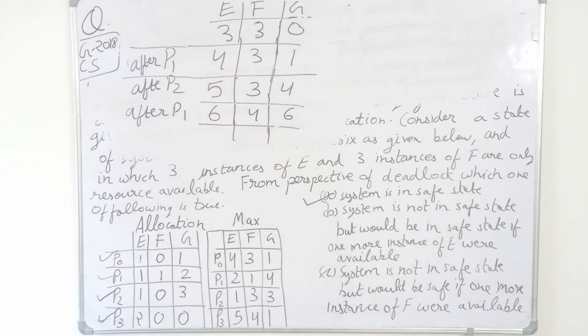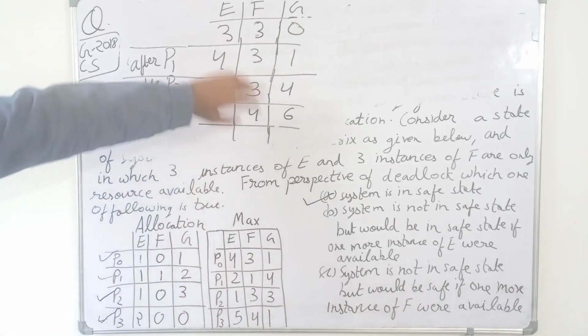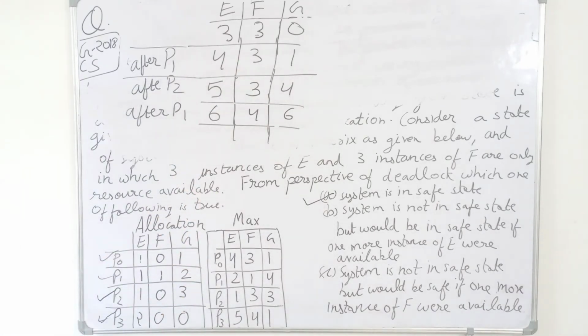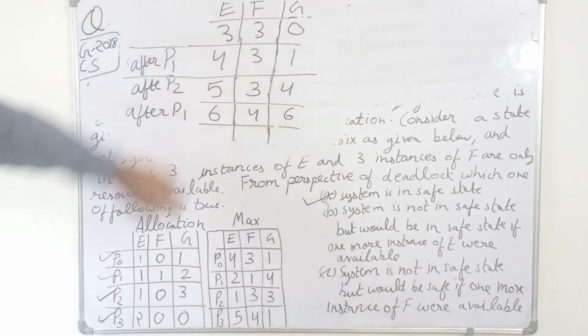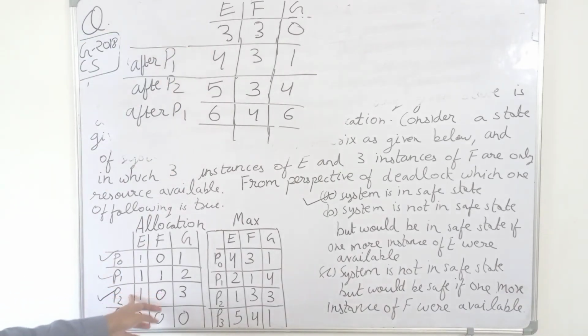Okay, so in this way we have successfully satisfied the requirements of all the processes. So first we satisfied P0 by allocating 3 resources of E and F to it. Then it gave back its resources to the system. So we had 4 of E available, 3 of F available and 1 of G available. Then we satisfied process P2.